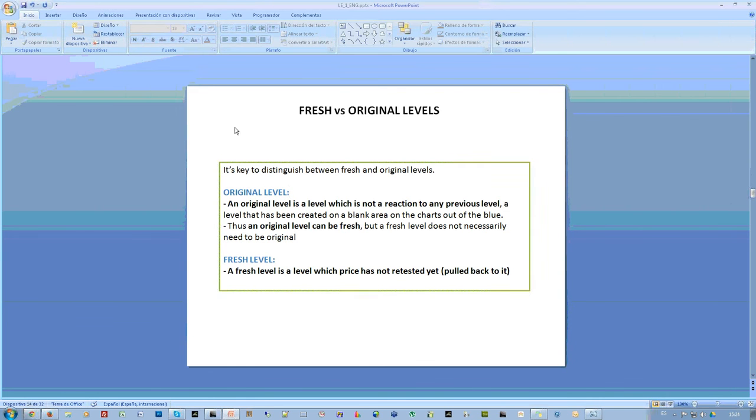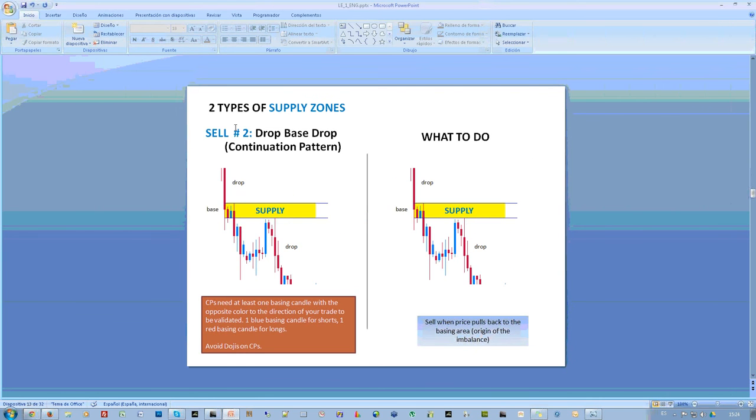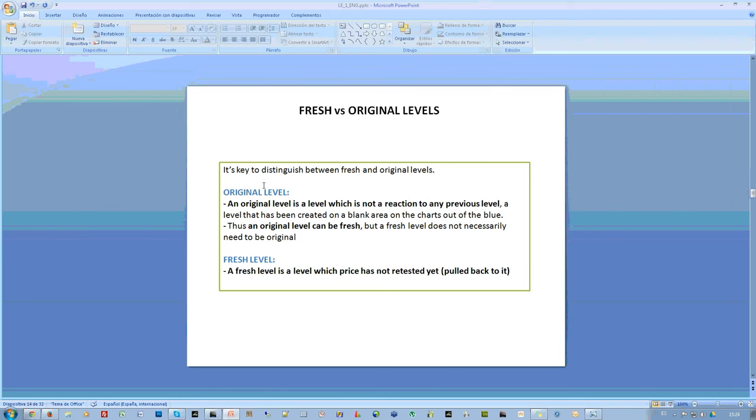Both the valleys and peaks and the continuation patterns can be either original or fresh. An original level is a level which is not a reaction to a previous level, a level that has been created on a blank area, on a white area on the chart, out of the blue.